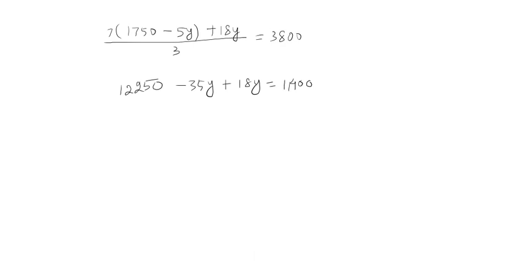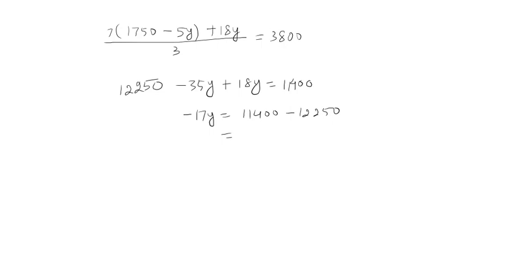So now here we have 35 minus 18, how much do we get? How much is 35 minus 18? Minus 17, right? 11400 minus 12450. How much will we get here?